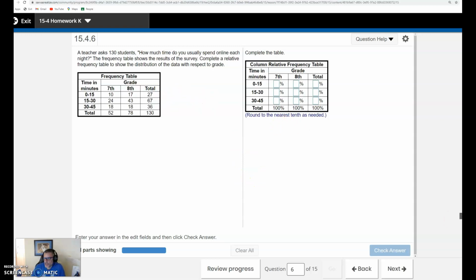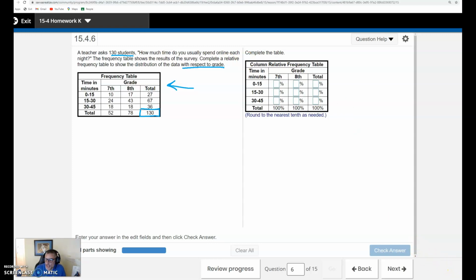A teacher asks 130 students, that's our total, you can see that number right here, how much time do you usually spend online each night? The frequency table, that's right here, shows the results. These are the actual numbers. Complete a relative frequency table to show the distribution of the data with respect to grade. So not the total. We want to know with respect to grade.